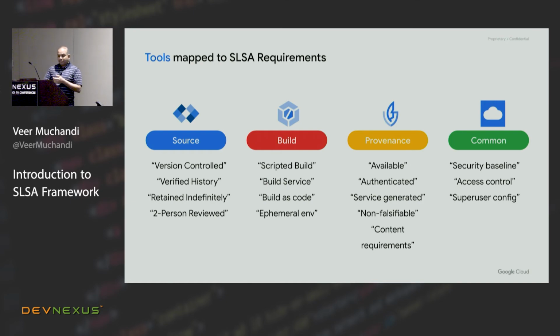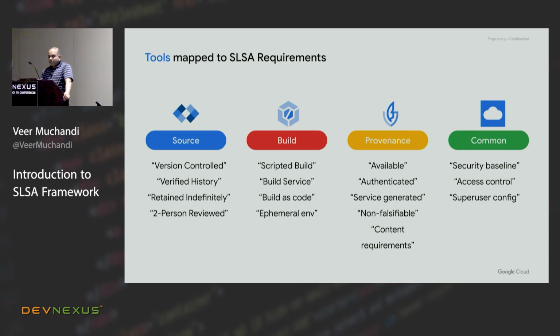Same way with the builds, scripted builds. The Cloud Build, the one that we talked about, it's all scripted builds only, right? You are writing the build as your source code, you are pushing that build mechanism into a source control repository, you are running it through the PR process in case it needs to change. Build service is offered, build is available as code, and it is ephemeral as I spoke to you about.